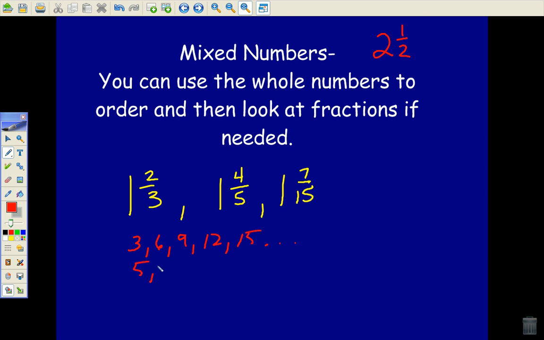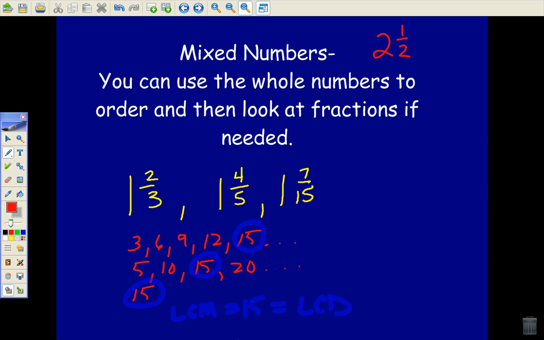My 5s, I have 5, 10, 15, 20. 15, bam, I can stop because I already see my LCM, which is my LCD. I can already see 15, 15, and 15. So my LCM is 15, which, ta-da, turns into my LCD.